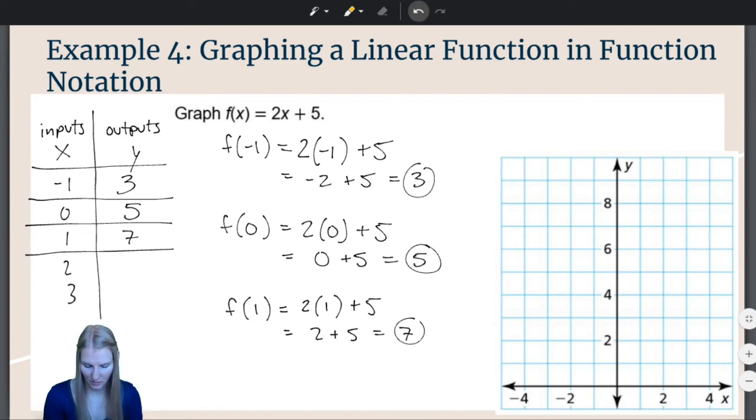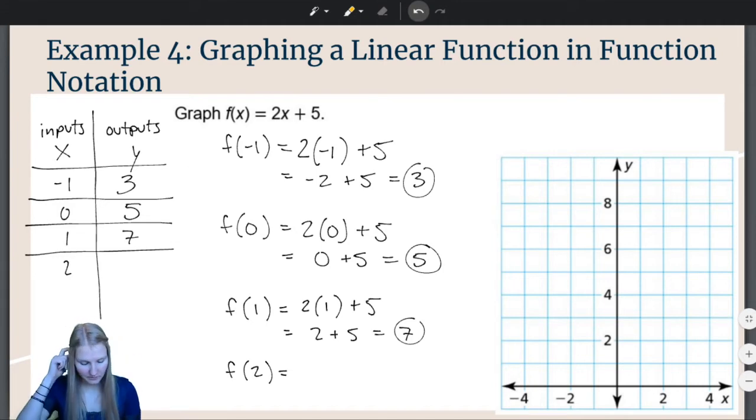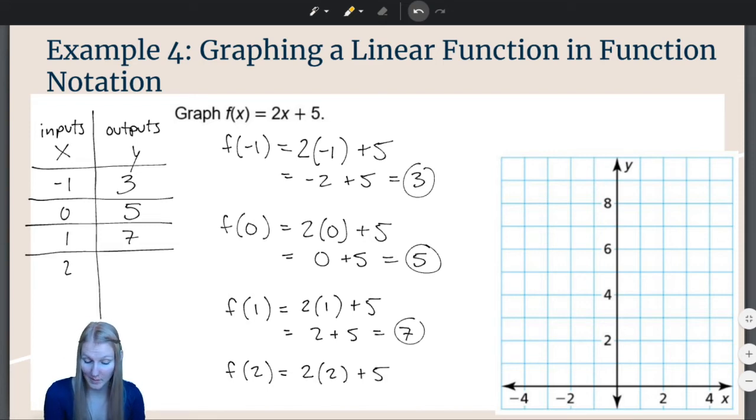Okay, and I think we might only have room to do 2, actually. We might not have room for 3, but that's okay. You know from all of these how to do f of 3 if you really want to. So, f of 2 is 2 times 2 plus 5. Remember, we're just replacing x with whatever is inside of our parentheses.